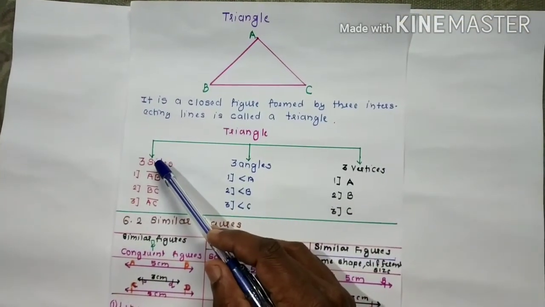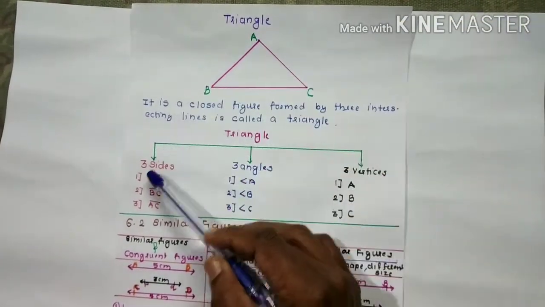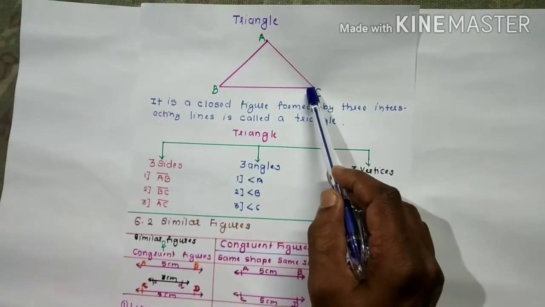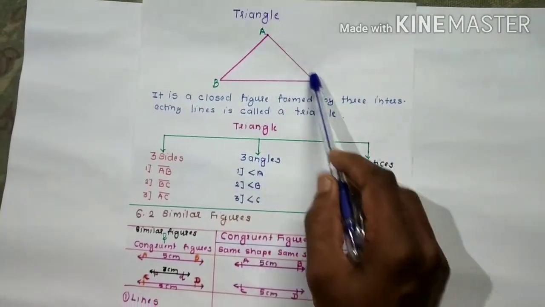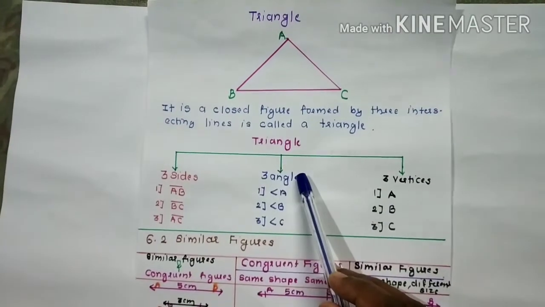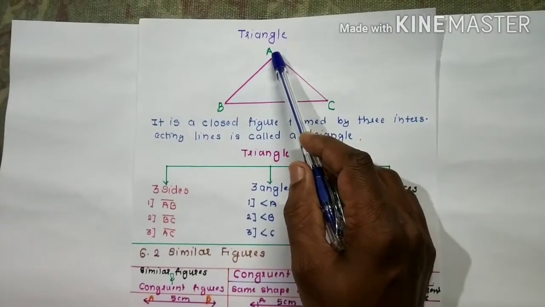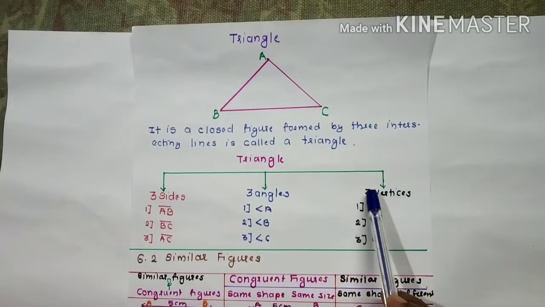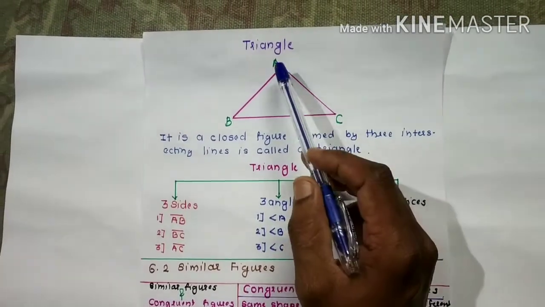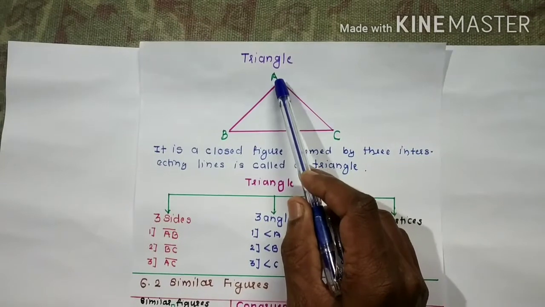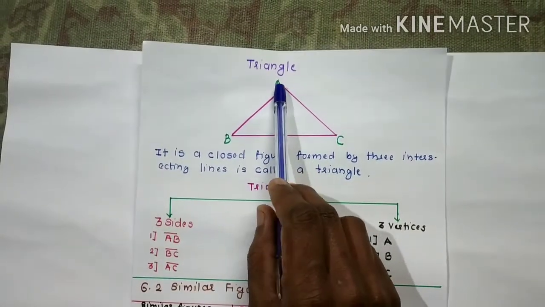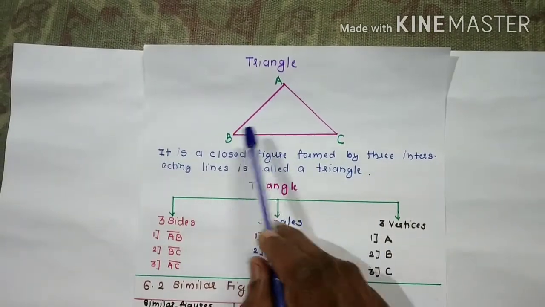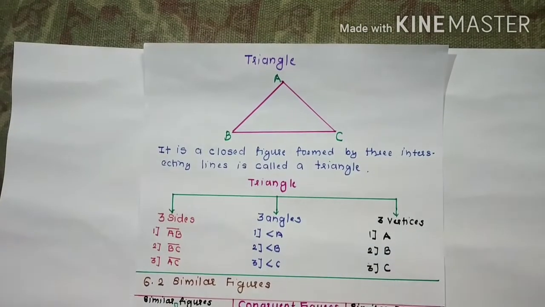There are three sides: line segment AB, line segment BC, and line segment AC. And three angles are angle A, angle B, and angle C. And three vertices are, what? End points of a triangle. So vertices A, B, and C.